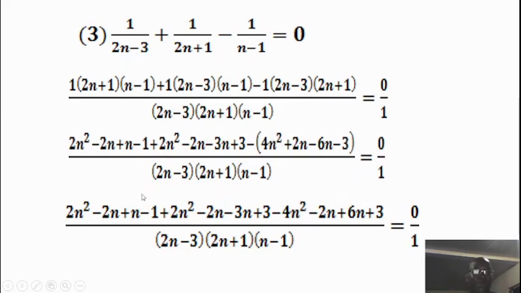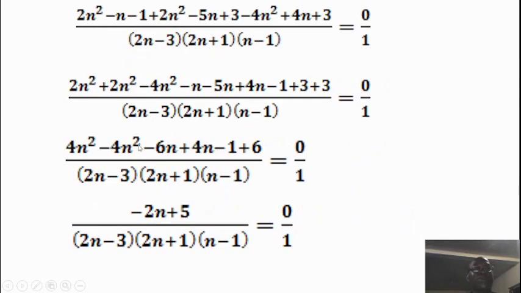Again, having gotten everything in this way, according to the powers, we are going to arrange them. The quantities containing n raised to power 2 have to be assembled one side in that order. So we go on. Having assembled them, after ordinary simplification, we get here 2n squared plus 2n squared will give us 4n squared.